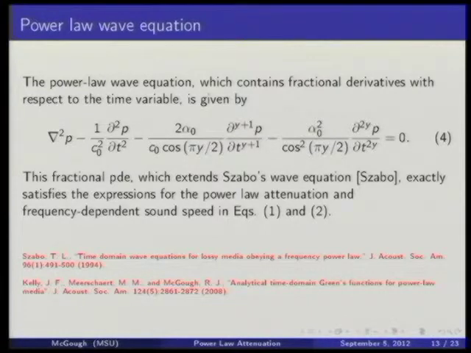It turns out that if we work with those two expressions in the first two equations for the attenuation and the speed of sound, and we do some manipulations, we find that those are exactly satisfied by this equation, the power law wave equation, which we derive. The power law wave equation is a fractional partial differential equation with fractional derivatives with respect to the time variable.